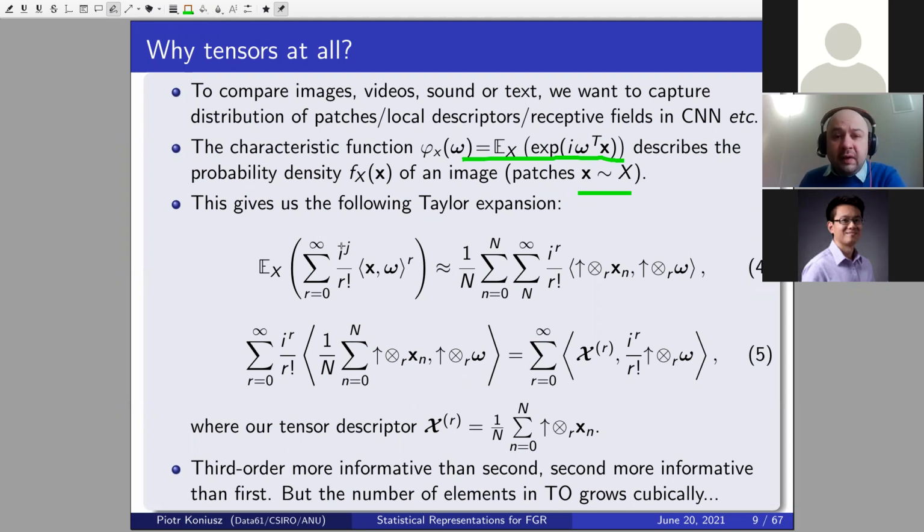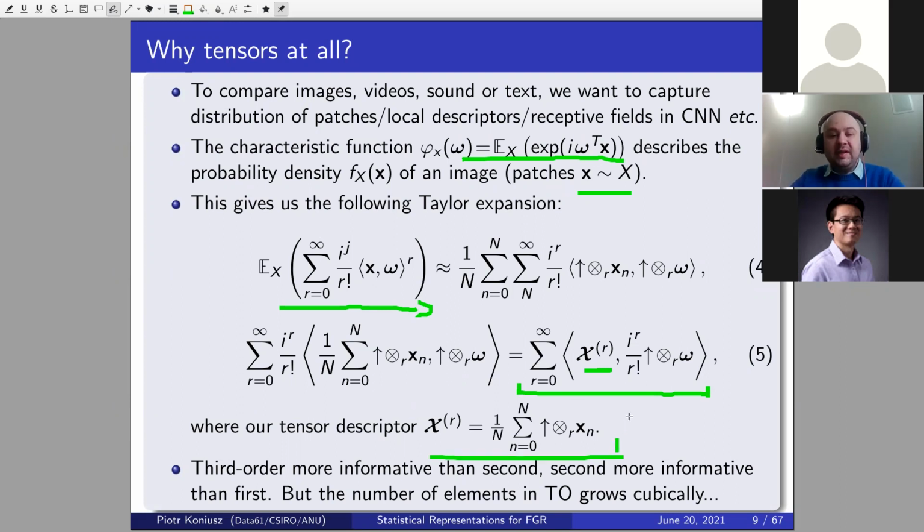And after expanding the characteristic function by plugging it into Taylor expansion, after crunching mathematics, we arrive at the equation over here where we have summation over order 0 to infinity, and over here a tensor emerges. So essentially those tensors capture in one way or another different order statistics.